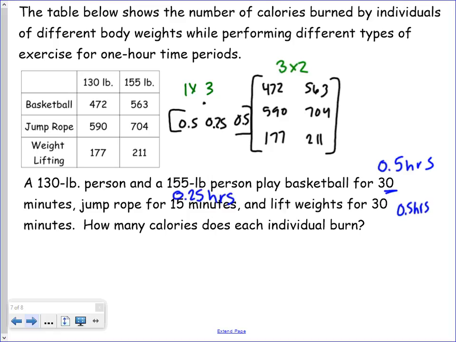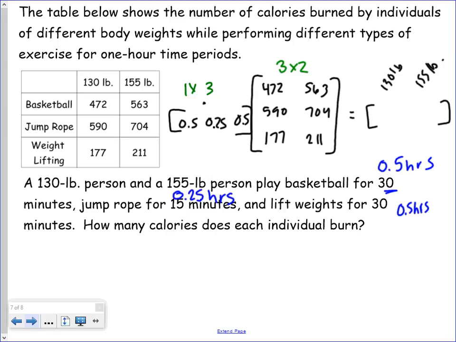What's going to be my product matrix order? 1 by 2. Think about why that makes sense, because then we're going to have a total for the 130-pound person and a total for the 155-pound person, which is what we want.